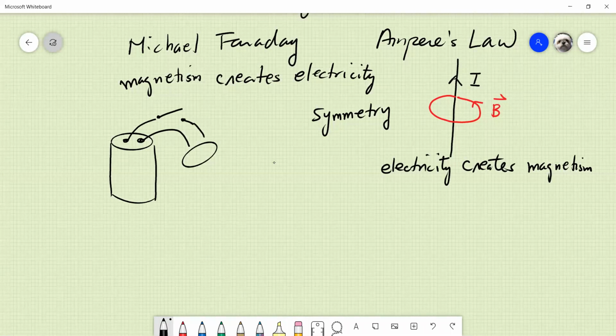And on the other side, you have another coil here. So I have a primary coil and a secondary coil, and the secondary coil is connected to a voltmeter.